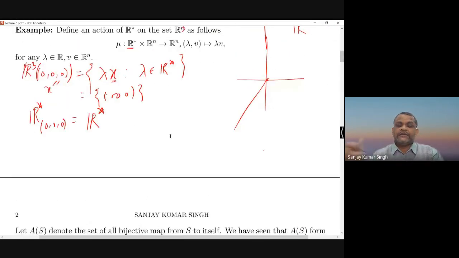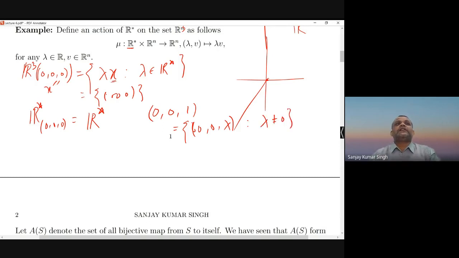And now I take a vector (0, 0, 1). So what is the orbit of this? It means all vectors of the type (0, 0, lambda), such that lambda is not equal to 0. So basically it is the z-axis with one point removed.